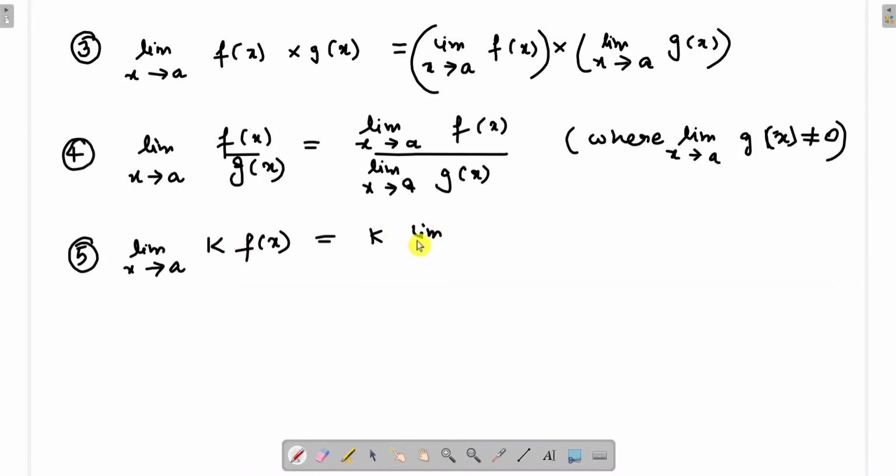The property says that the constant will come out of the limit, so it is k times limit x tends to a of f(x), where k is a constant. So these are the 5 properties that you have to know.